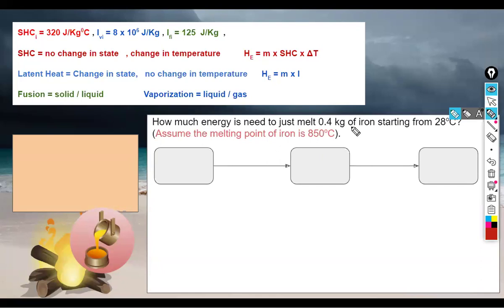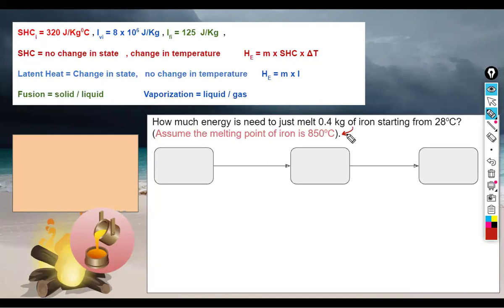We're going to assume that the melting point of iron is 850 degrees Celsius. Now, this one here is different because there's going to be a change in state because we're melting something. So it's going to start off as a metal and then change into a liquid.